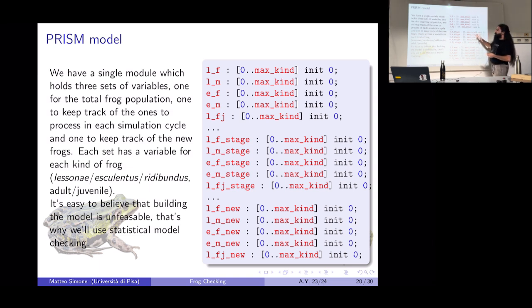One is just a working set that we take frogs off and then put back later on, and a set describing new frogs that are being created either via reproduction or growth when a juvenile gets old. All variables have bounds, in this case a lower bound of 0 and an arbitrary max value.